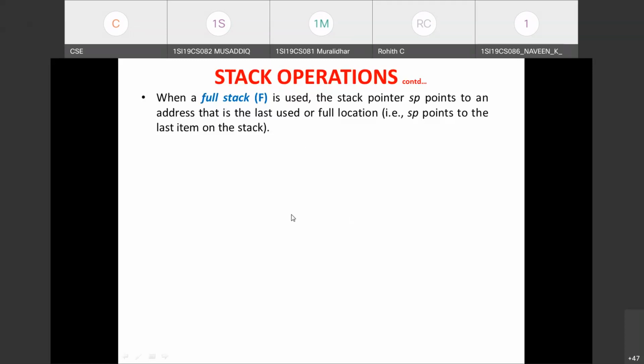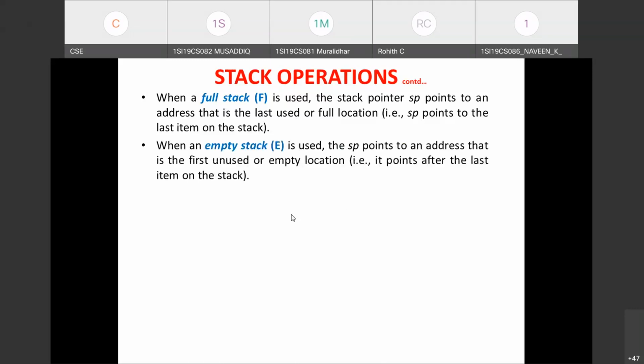Coming to the empty stack, here the stack pointer will be pointing to the next location where the new data is to be inserted. That is, just above the last element inserted, to that address SP will be pointing. So that is about empty stack. When an empty stack is used, the stack pointer points to an address that is the first unused or empty location.